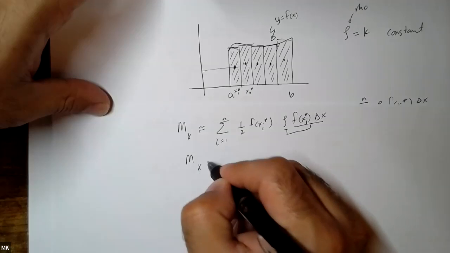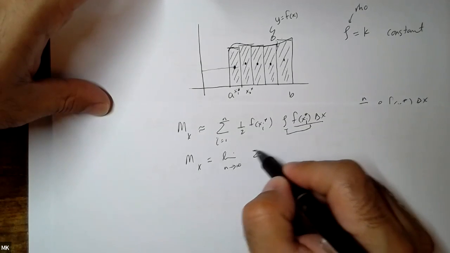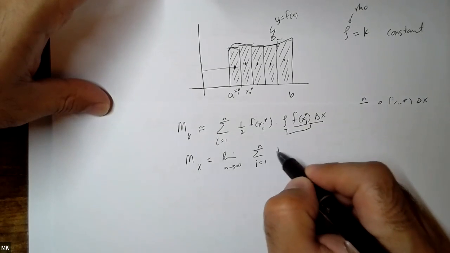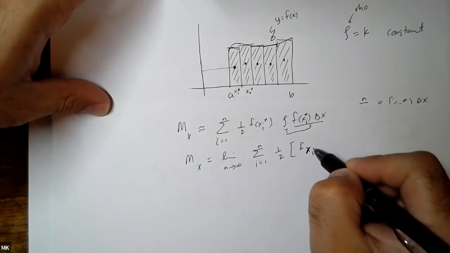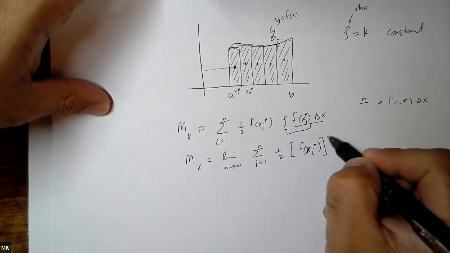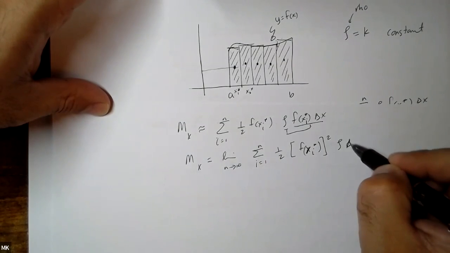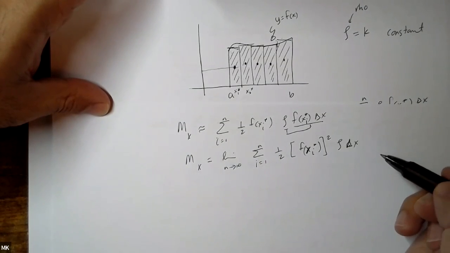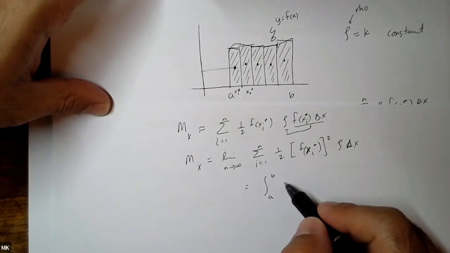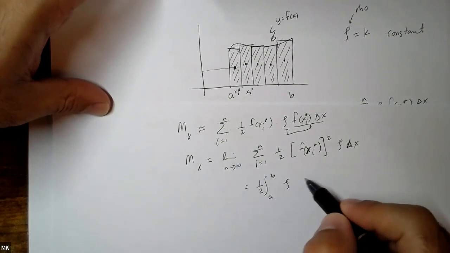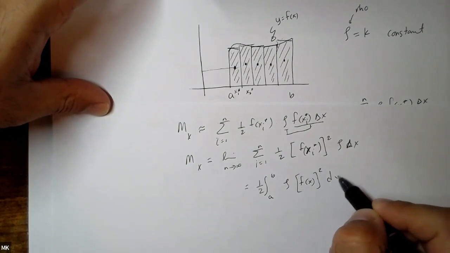So if I calculate Mx, it will be exactly the limit as n goes to infinity, or delta x goes to 0, of this summation, which I can write as f of xi star squared, because I have two instances of it, times rho delta x, or in integral language, the integral from a to b of rho times one half f of x squared dx.